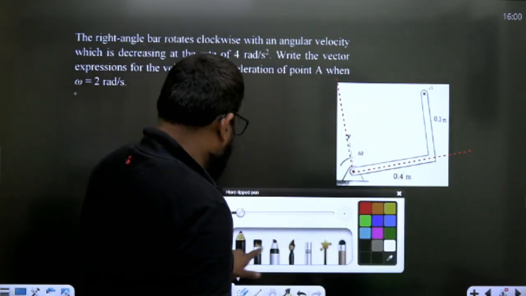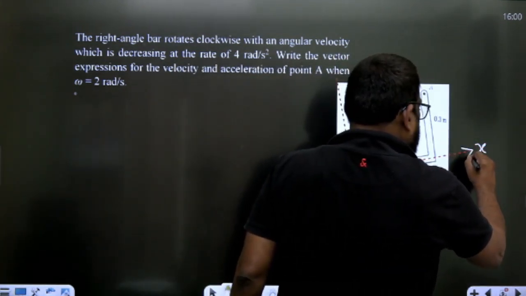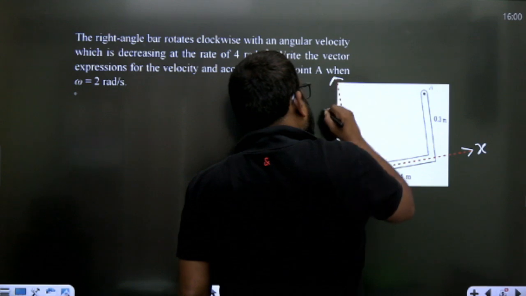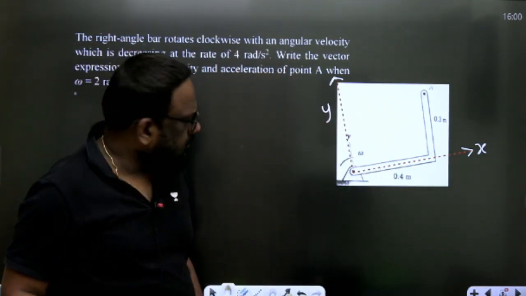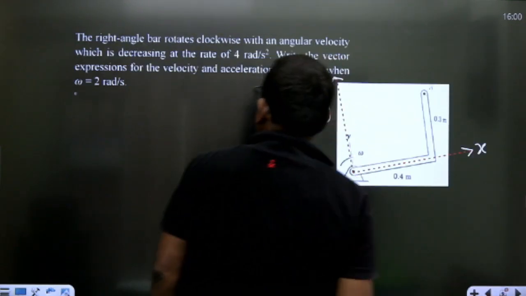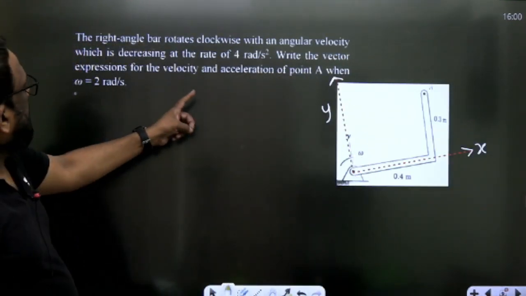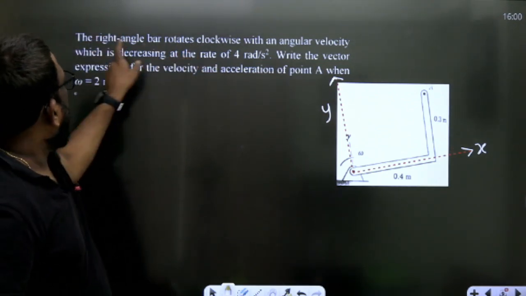This is given as, please read the question. It's a good question. This is x-axis, this is y-axis. ठीक है. Expression for velocity and acceleration. Okay, decreasing at the angular clock.